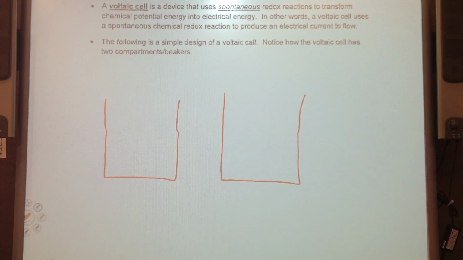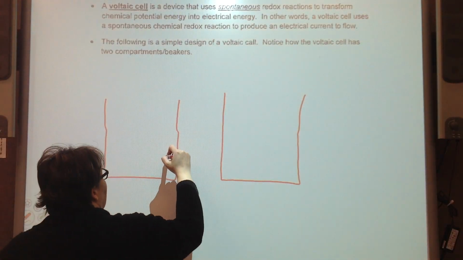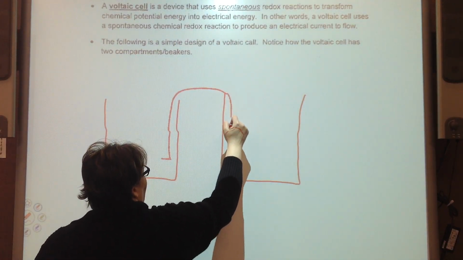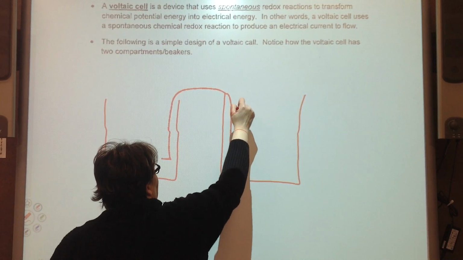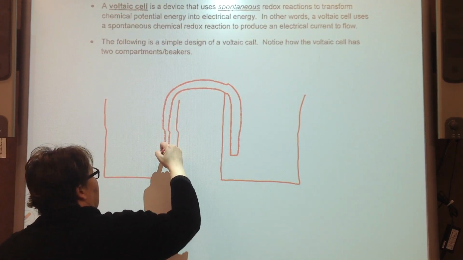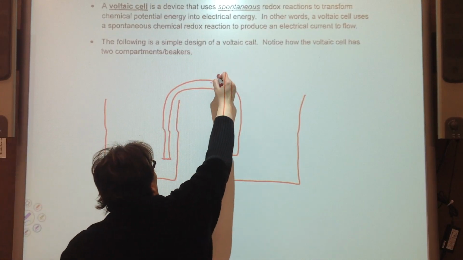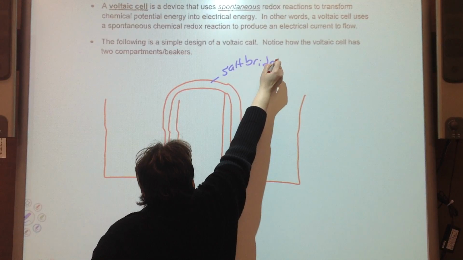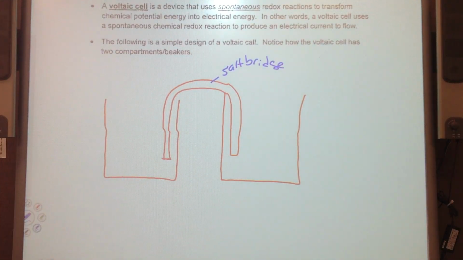You have to see a division between the 2. Typically, they're joined by what we call a salt bridge. And they're not usually this far apart. Salt bridges aren't this big. Okay, so this is what we call a salt bridge.